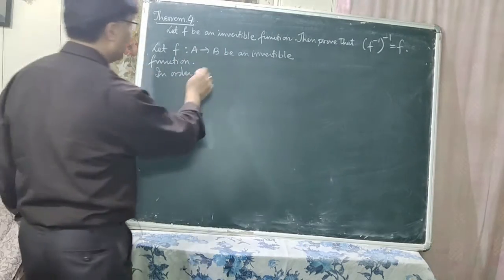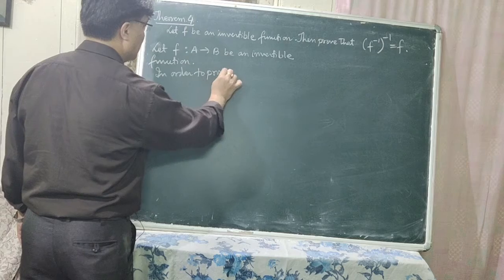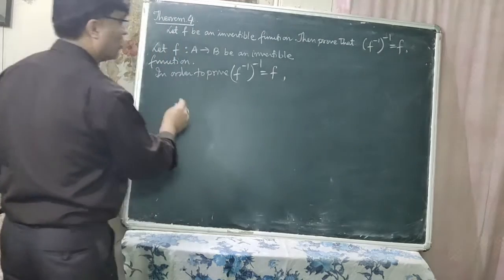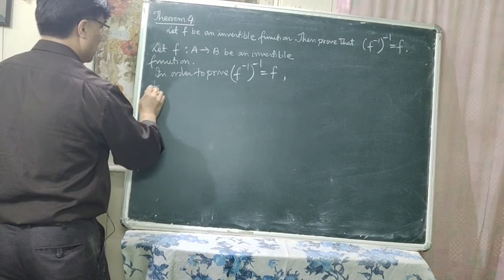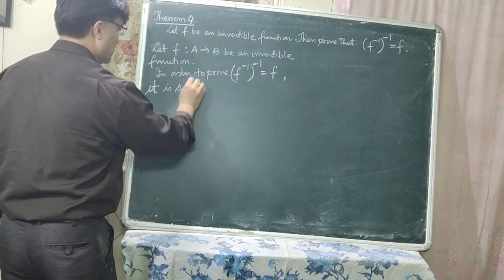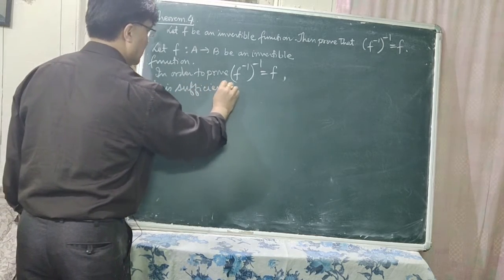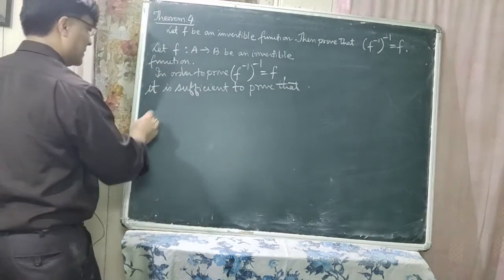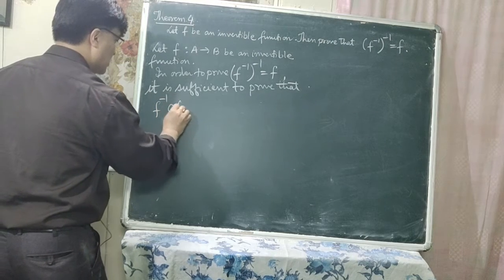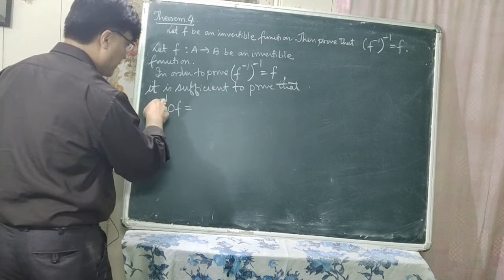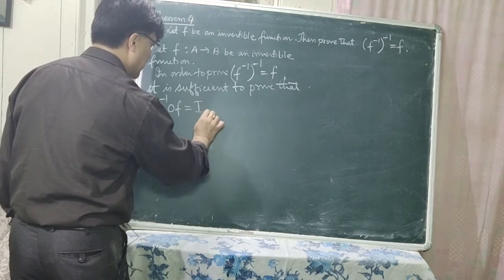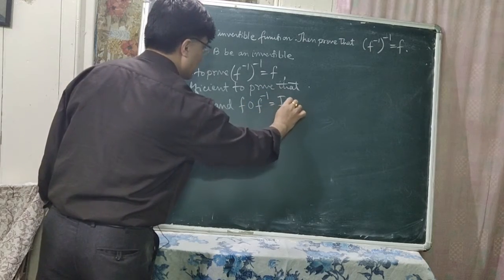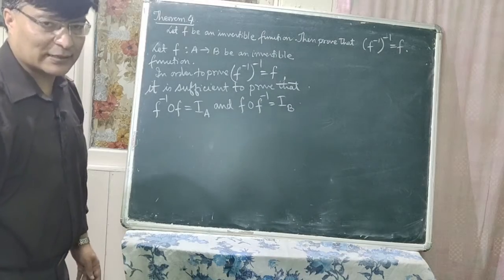So let us write here, in order to prove f inverse is equal to f, it is sufficient to prove that f inverse of f is equal to IA and f of f inverse is equal to IB. Is that clear now?